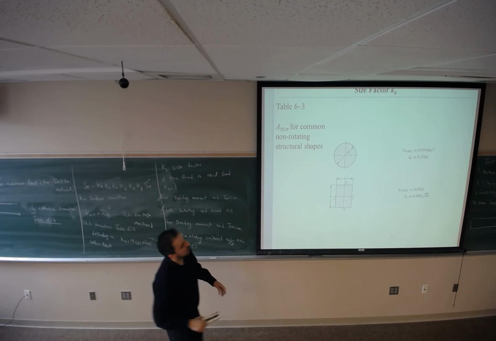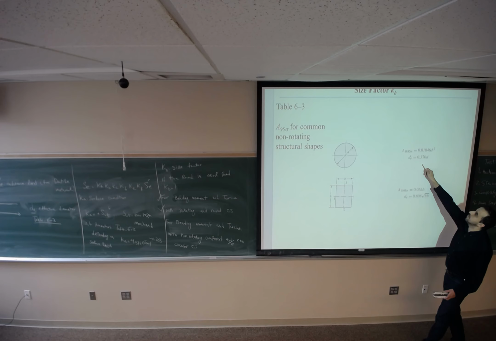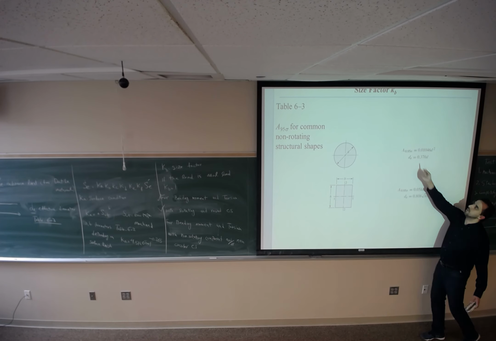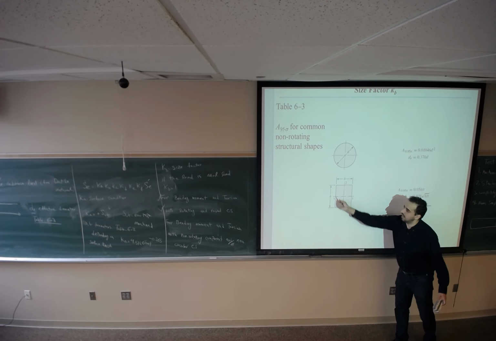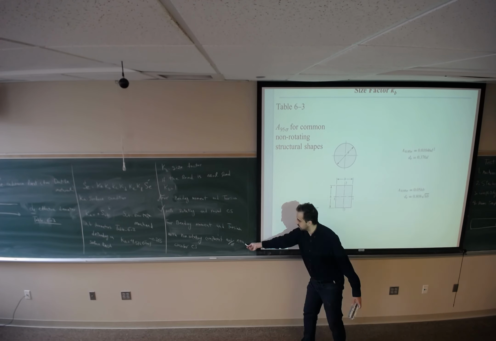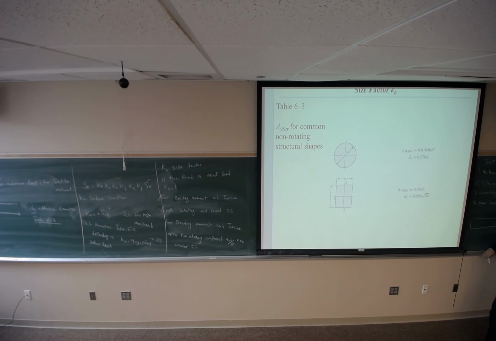For circular cross section with the diameter of D, the effective D is going to be 0.370 times D. And if you have non-circular cross section like this with B and H, the DE is going to be 0.808 times the square root of HB.